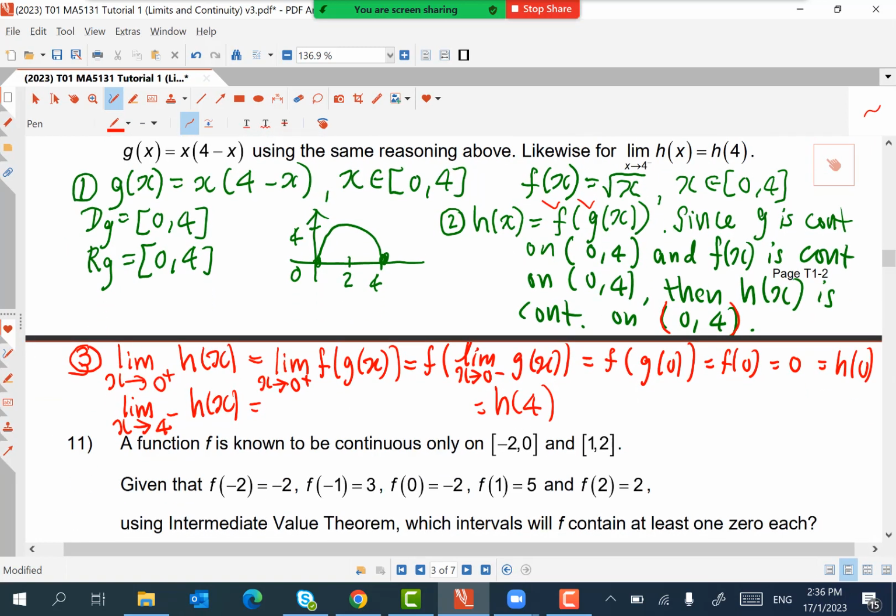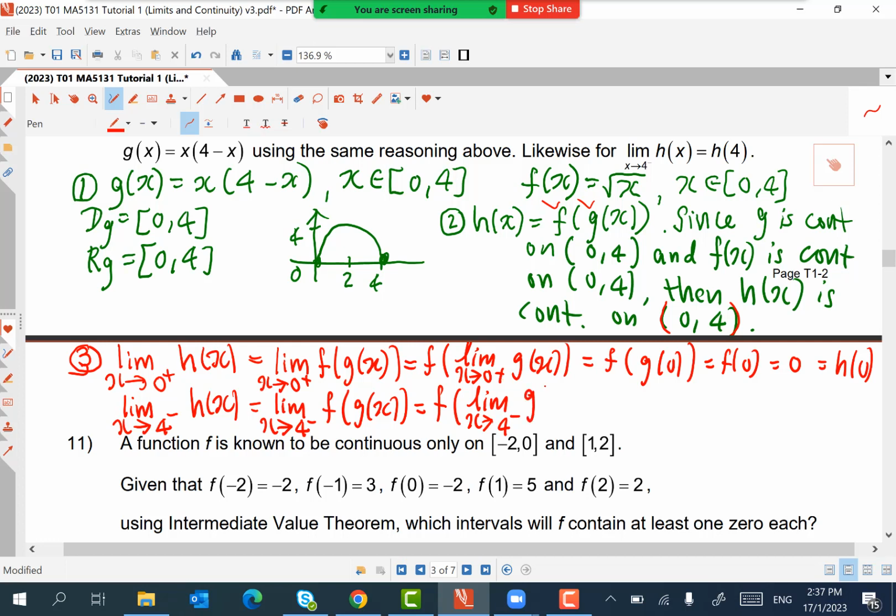Then you have to do it for the other one. When x tends towards 4 minus of f(g(x)), I bring the limit in because function f is continuous. This is plus, I wrote it wrongly.